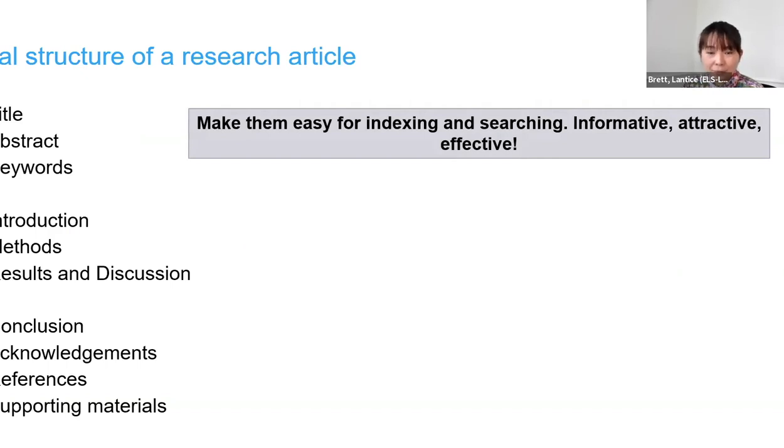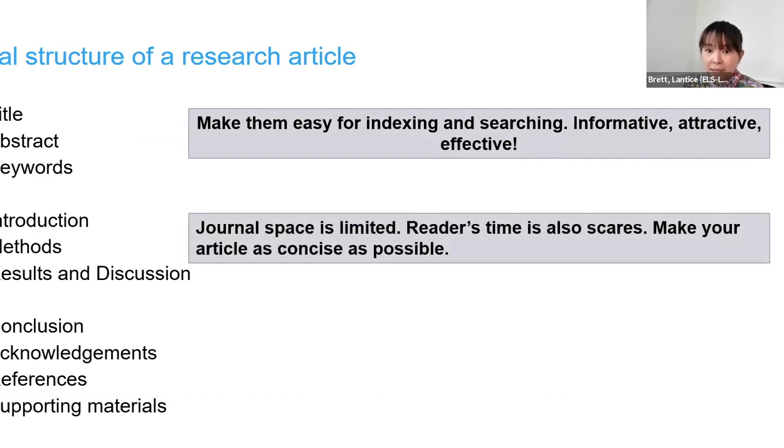Make sure they are informative, attractive, and effective. The next section is the main section of your article: introduction, methods, results, and discussion. This is where you present your work and convey the main message and findings to the community. Make sure your message is clear.